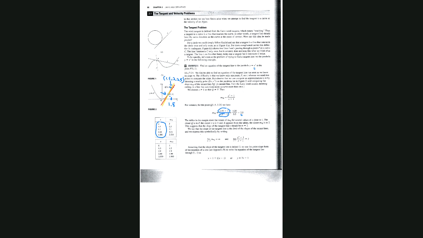So they're picking x values that are closer and closer to 1, because remember, we want to find the tangent line to the parabola at the point (1, 1). So we're always going to use (1, 1) as one of the points.